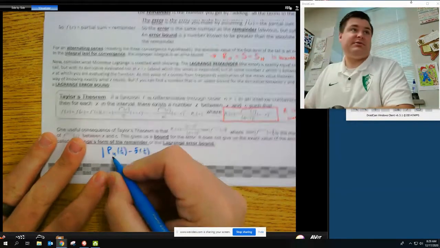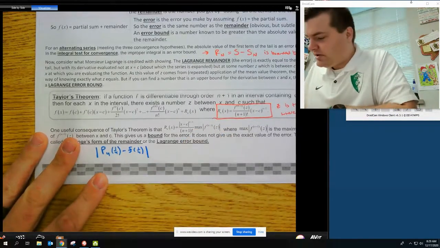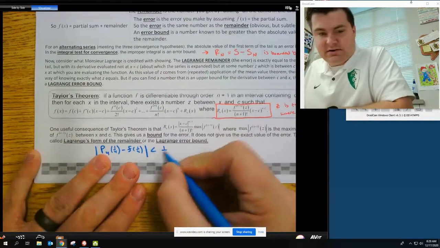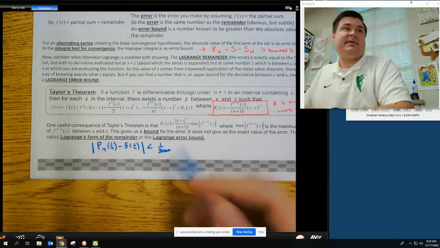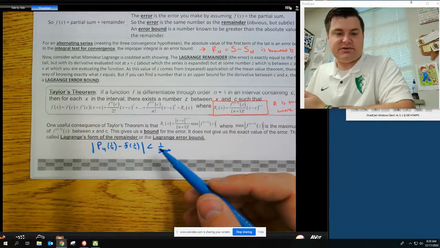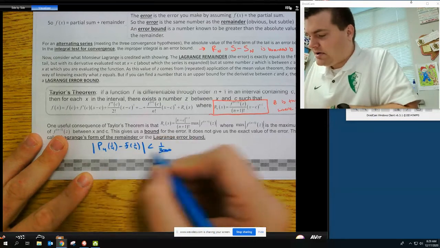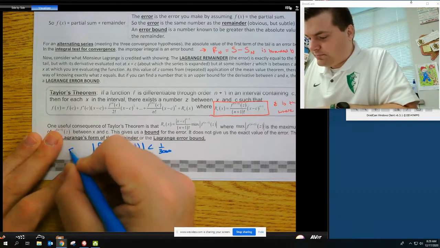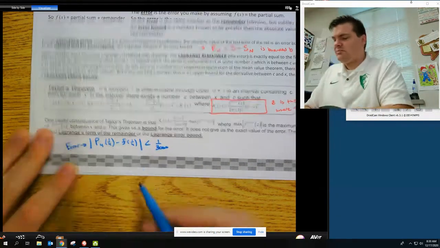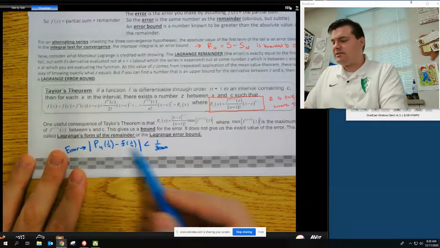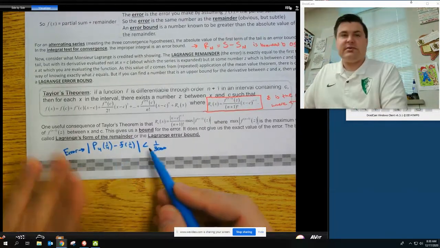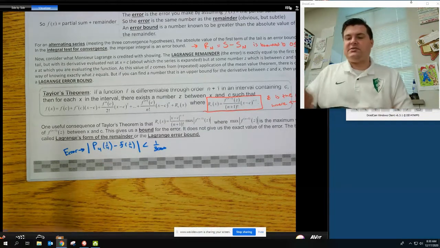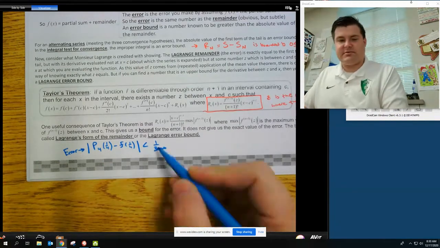The polynomial using 4 terms minus the actual function is going to be less than 1 over 3,000. We've done a problem like this before. So here's the error, and our error can be less than 1 over 3,000. We've done that with an alternating series with a stop and chop. Similar to that.